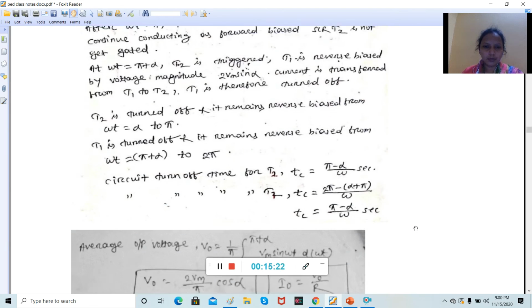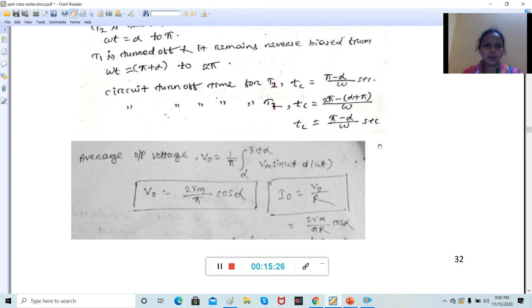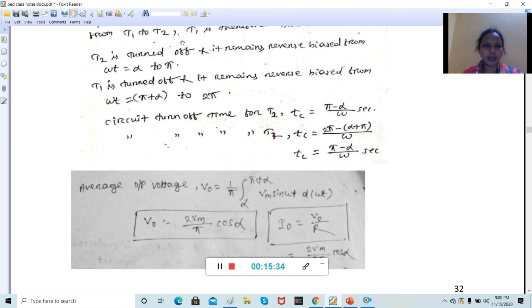So what you see, thyristor T1 is conducting from alpha to pi. At that time T2 is turned off from alpha to pi. Then T1 is turned off and T2 is conducting from pi plus alpha to 2 pi.